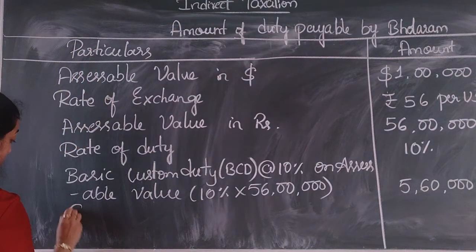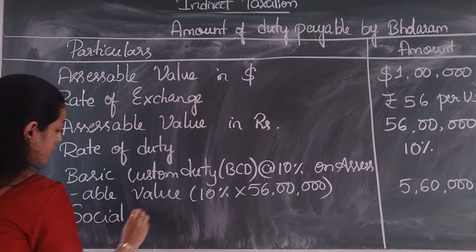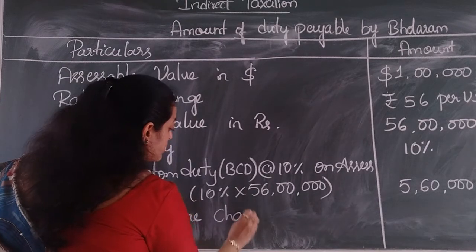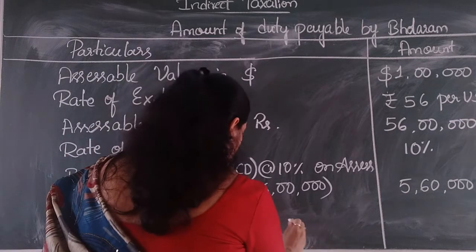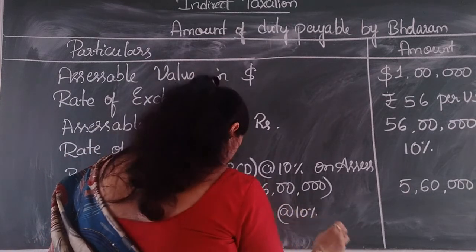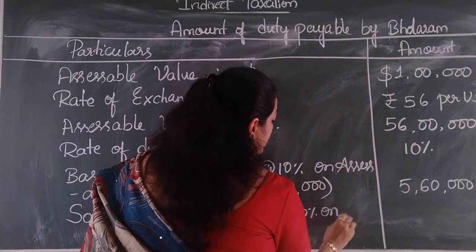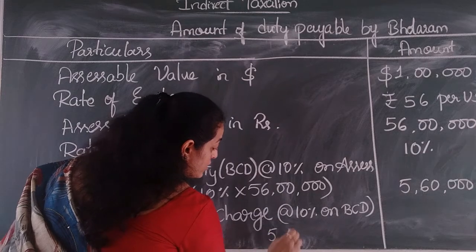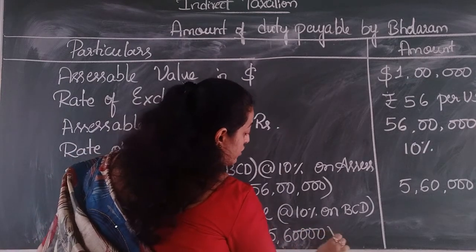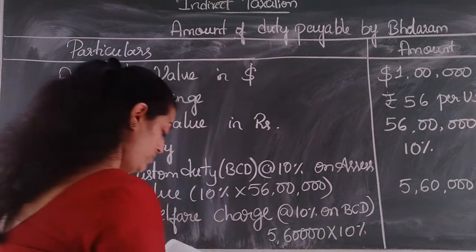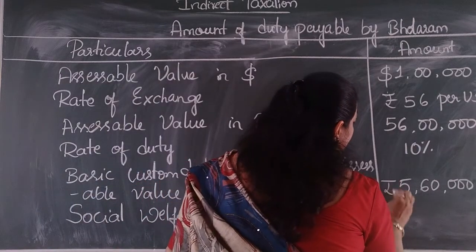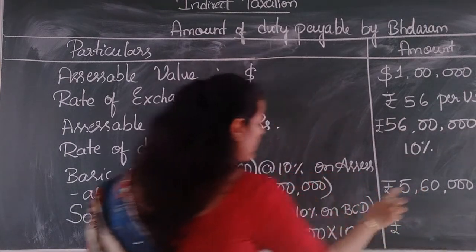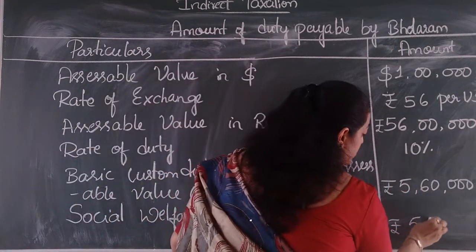The social welfare charge is at 10% on basic customs duty, that is 5,60,000 into 10%, which gives you 56,000.